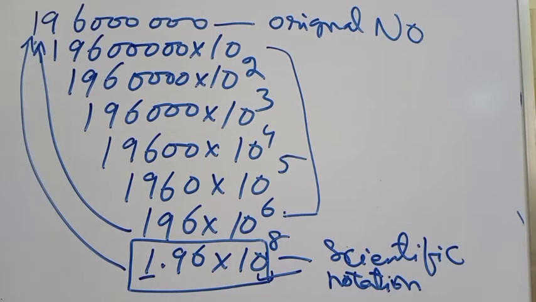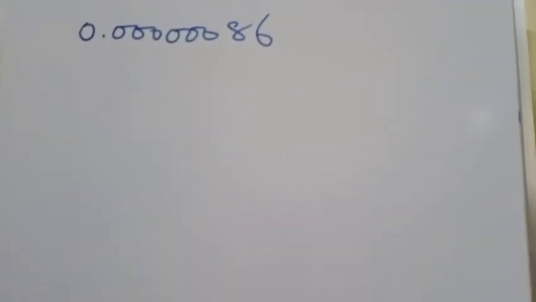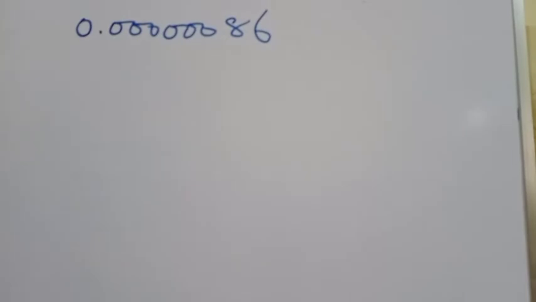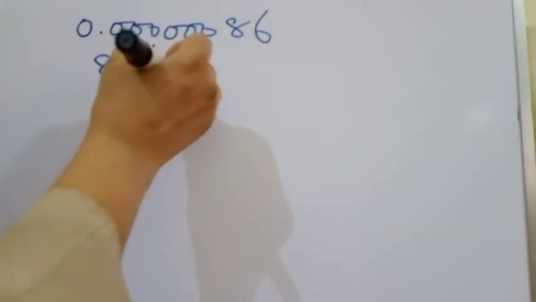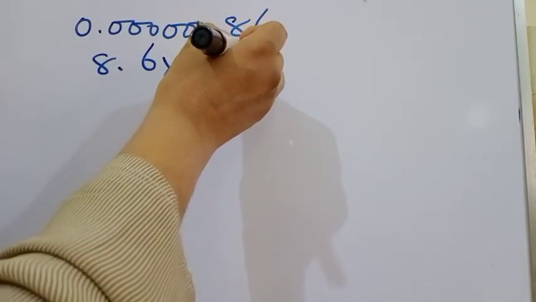Scientific notation is very useful to write really large or really small numbers. For example, we have another number, 0.00086. This number is small but not 0. We can write it as 8.6 multiplied by 10 raised to the power minus 7.